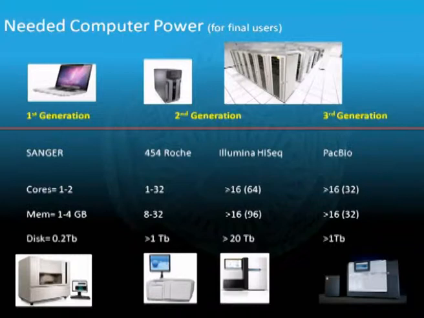With a common laptop, you could process your first generation sequencing data, your Sanger data, no problem. If you move to second generation, like 454, you probably want at least a small server, with a few cores, at least 16, a few gigabytes of memory, and a few terabytes of hard drive.